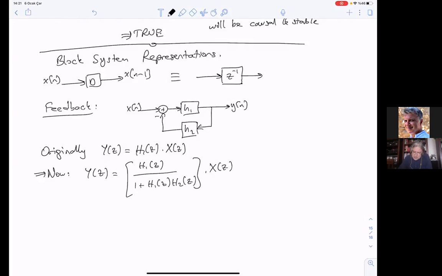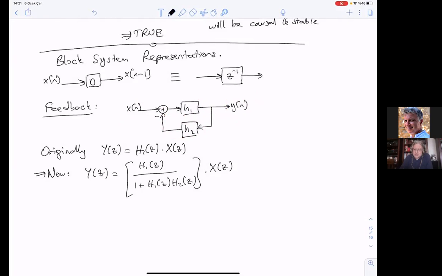You just have to see that we have x of z. Let's talk in z domain, because then it will correspond to multiplications and we will get rid of the convolution operators. X of z minus y of z times h2 of z altogether times h1 of z is equal to y of z is what you need to write.